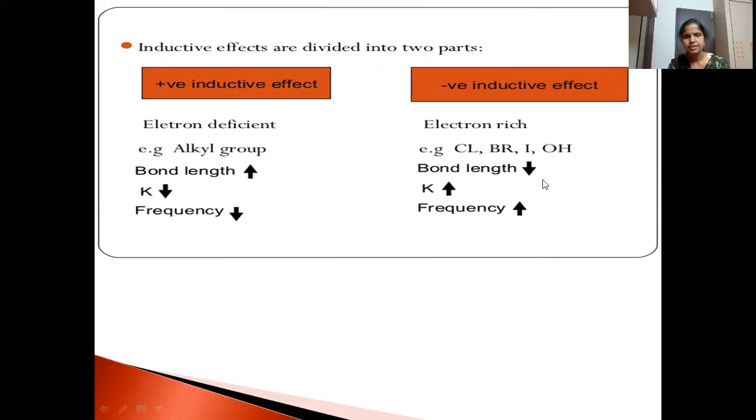Where chlorine, bromine, iodine are taken, they act as minus I groups, so they attract the electrons towards themselves. So the C=O bond length will decrease, and when bond length decreases, the K value will increase and the frequency also increases. Whereas in the case of the alkyl group, as it is giving electrons to C=O, the bond length will increase, so the K value will decrease and the frequency also decreases.